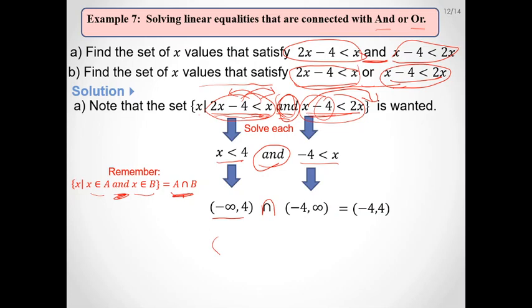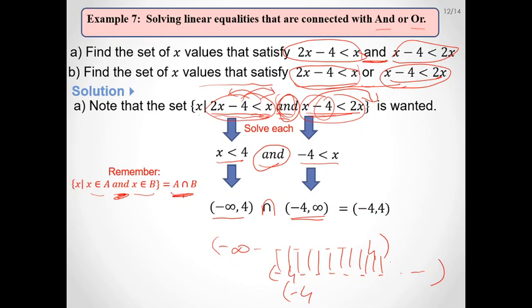I can do it this way: -4 goes up to 4, and then this one goes from -4 up to infinity. So the common part is this one, starting from -4 up to 4. I'm taking this part, the common part. So it's -4 to 4. So this is the solution.